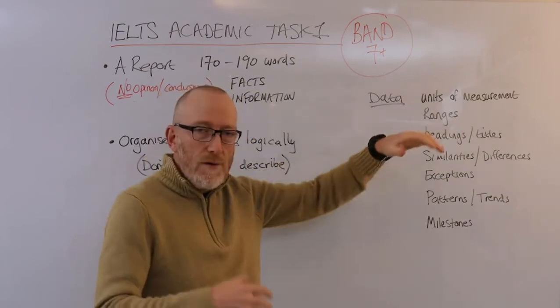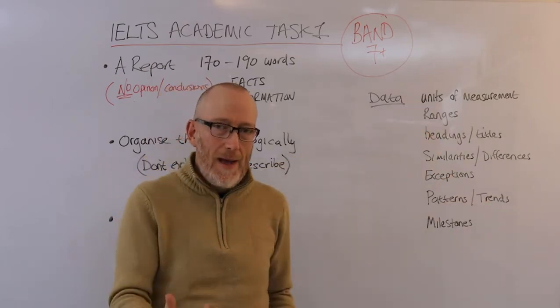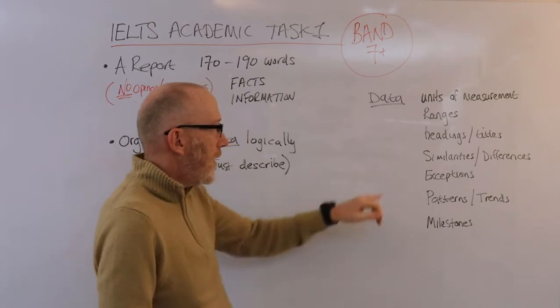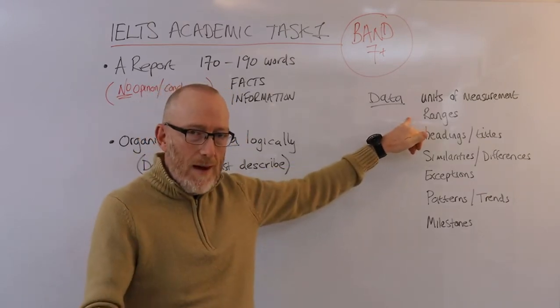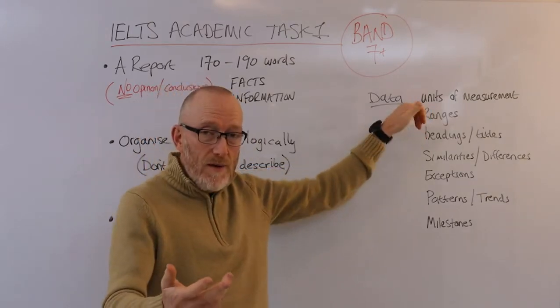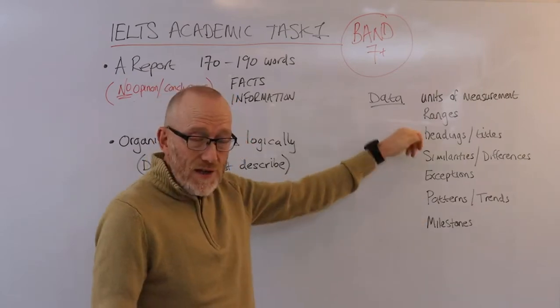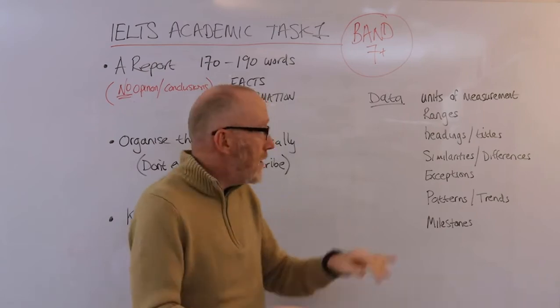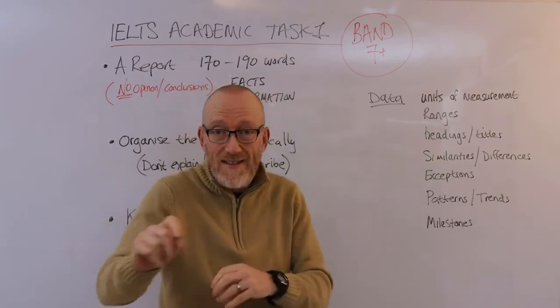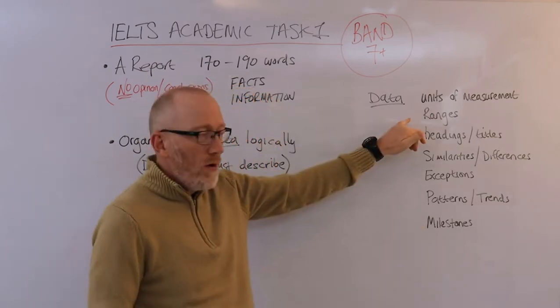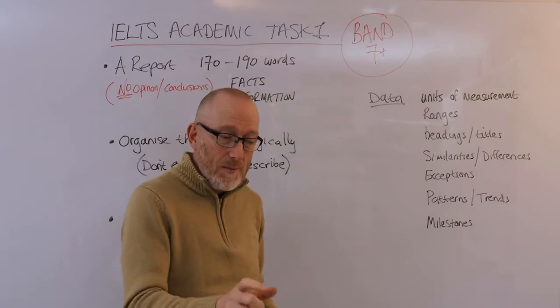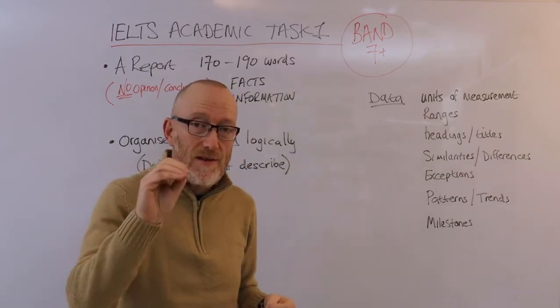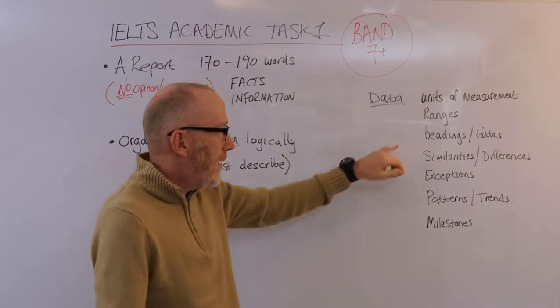All of those units of measurement could be key pieces of data. The ranges as well. The range could be Monday to Friday, so your range may exclude Saturday and Sunday. So the ranges that are displayed could be important pieces of data for you to talk about.